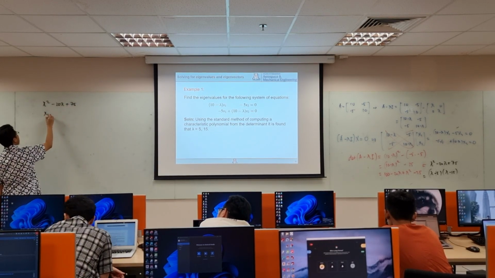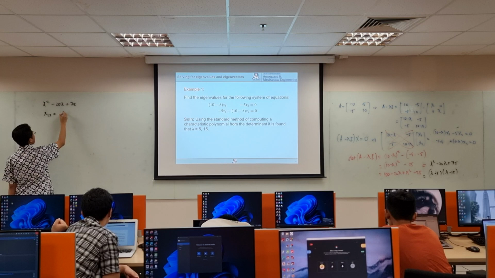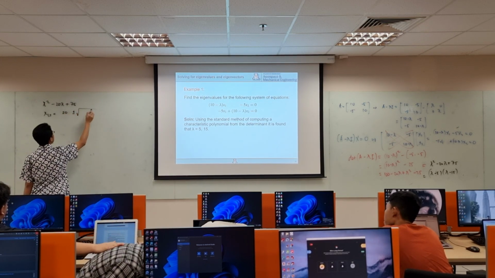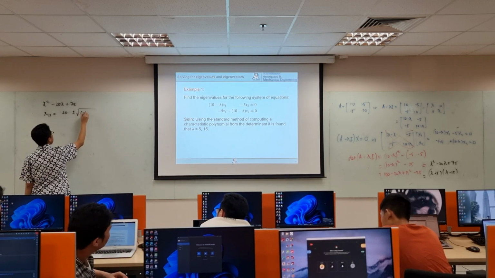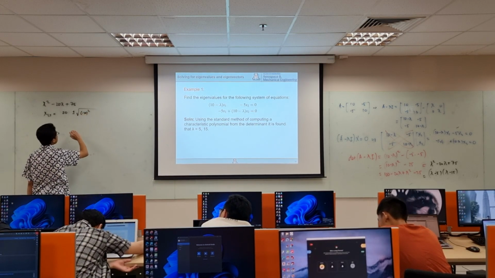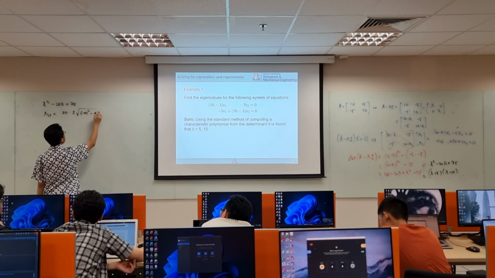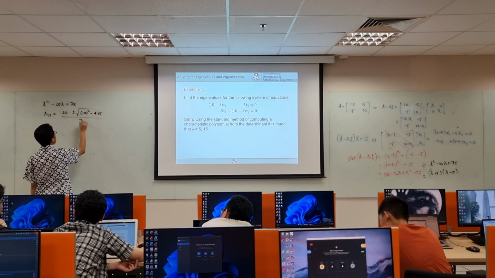Lambda 1, 2 is 20 plus minus the square root of minus 20 squared minus 4 times 75, and then you divide by 2.